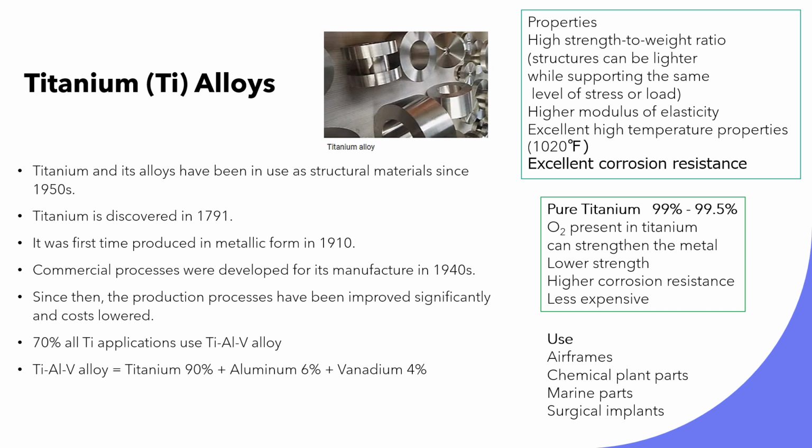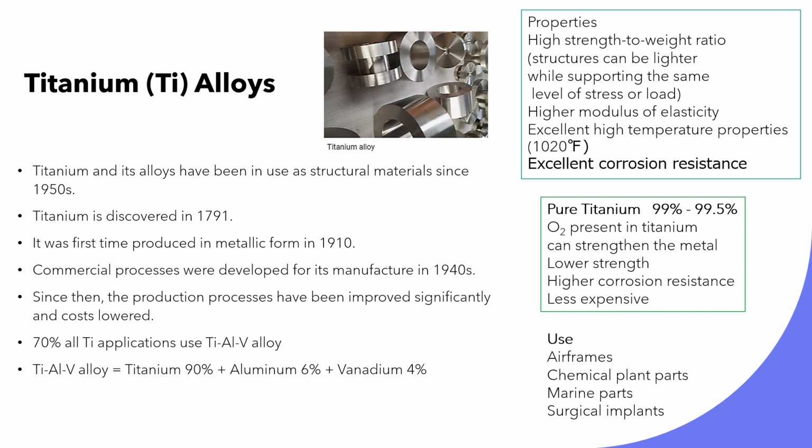We use it for manufacturing because it has a high strength to weight ratio, so the structures can be lighter while supporting the same level of load. They have a higher modulus of elasticity, unlike aluminum. They have excellent high temperature properties, up to 1020 degrees Fahrenheit, and excellent corrosion resistance.